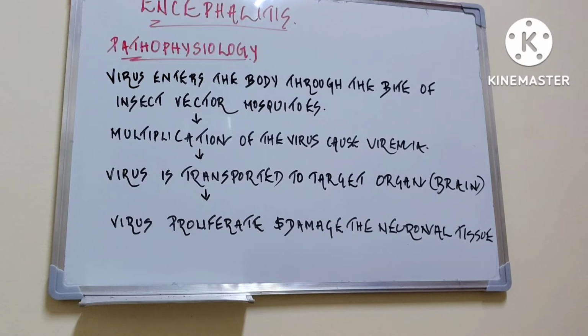And lastly, the virus proliferates and damages the neuronal tissue. When the virus reaches the brain, it will do its job. It will proliferate and produce exudates, which causes the normal brain functions to be hampered. So this is the pathophysiology of encephalitis.